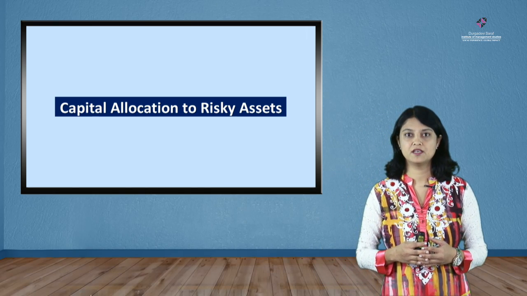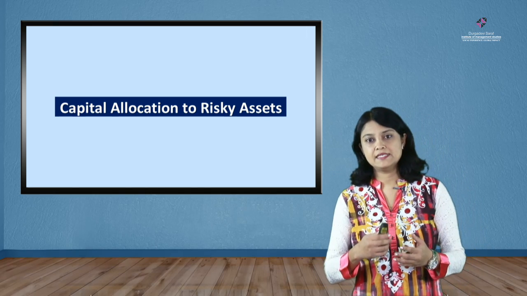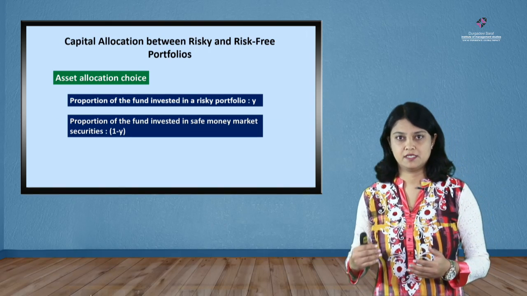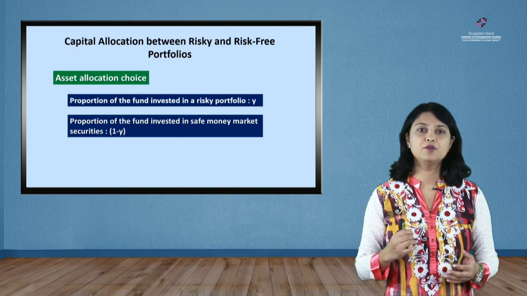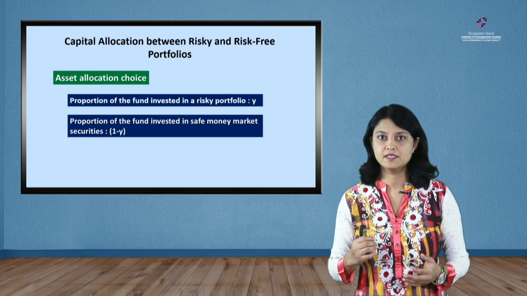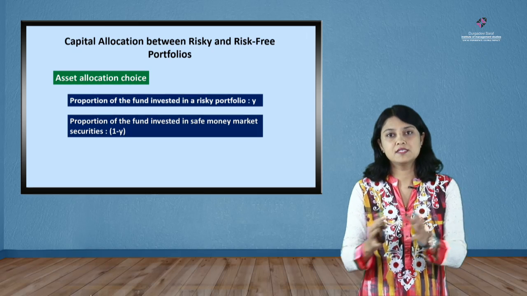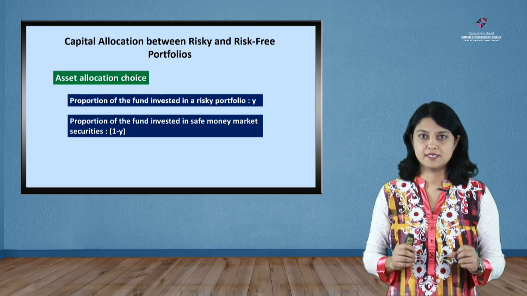The very first step in the process of portfolio management, or the investment process, is asset allocation. Now, this asset allocation can be at two levels. The first level is when you make the asset allocation choice, you divide your money or your capital between risky and risk-free assets.